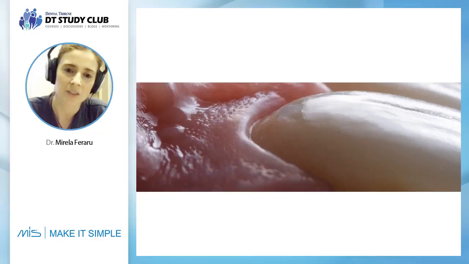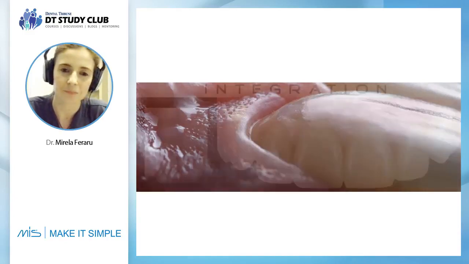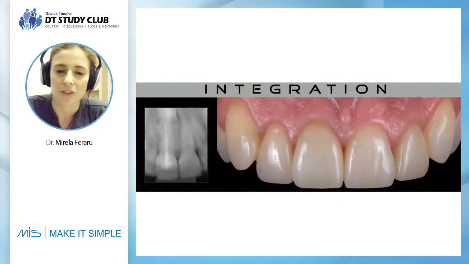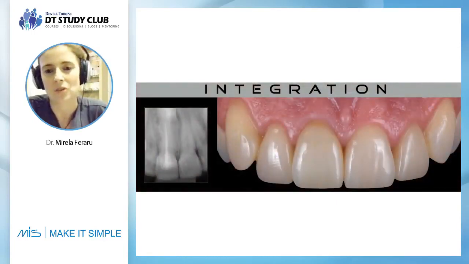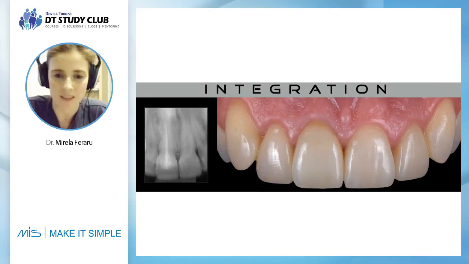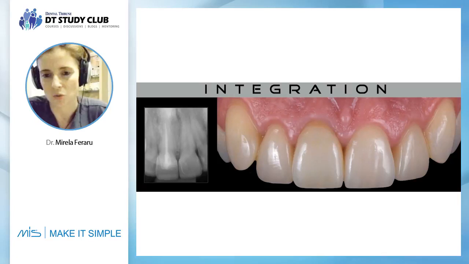And at the time of the insertion of the crown, this is what we can see. There is no blanching on the soft tissues because there is no compression, no pressure applied in this area. These are after the bonding of the ceramic restorations. We can see that optically he was able to create a similar appearance of the two central incisors.